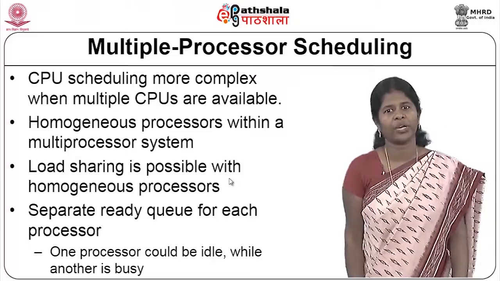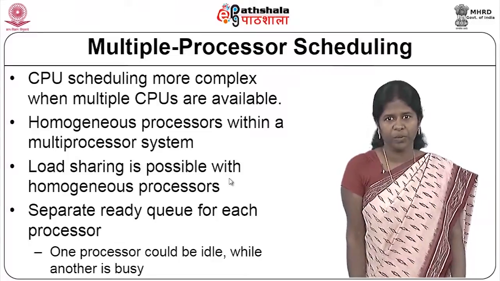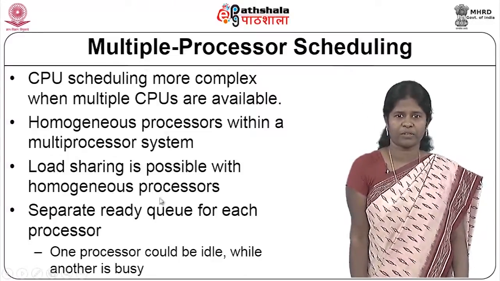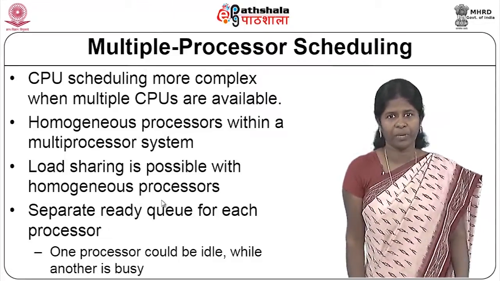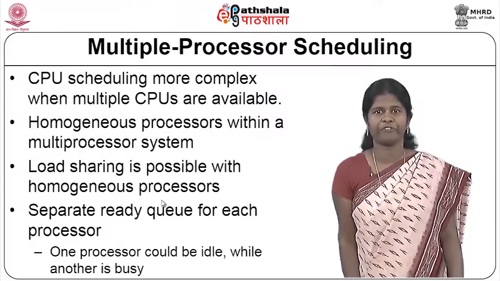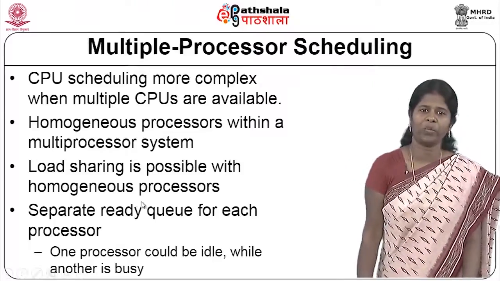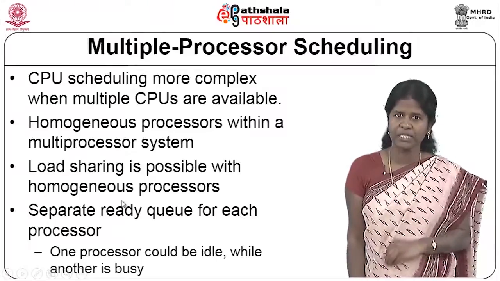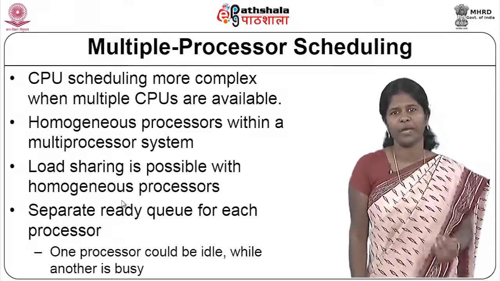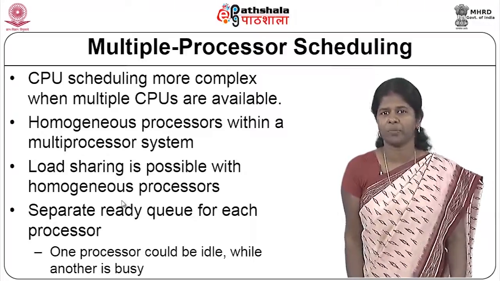One is you can have a separate ready queue for each processor, and processes as and when they arrive are put into the different ready queues, and when one processor executes, it will take the process from its respective ready queue and execute. Similarly, the other processor will also do.